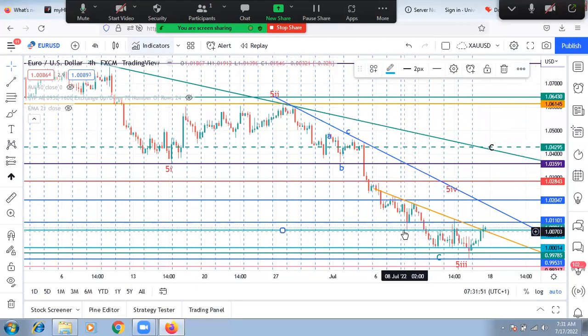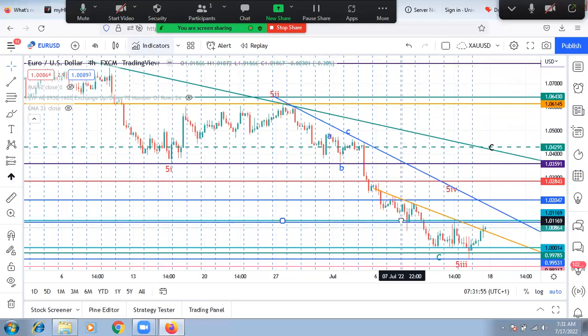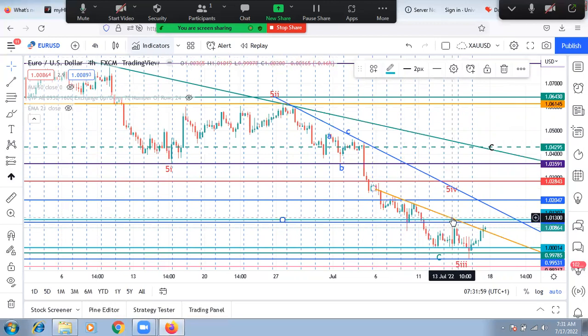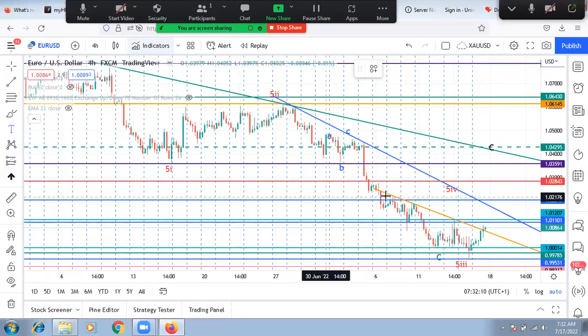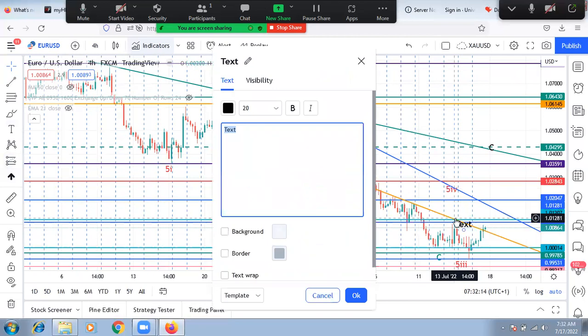So if we take this one up, we'll take it to the limit that we think price has to break. That's the limit there, up here. So from here, down here, when the correction started to here is, let's say, A. This is A because we are correcting.